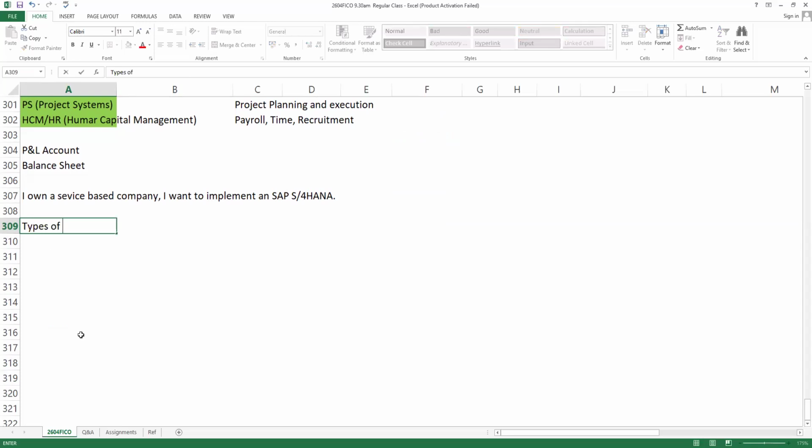At a high level, we can divide consultants into different types. The first is a functional consultant. I will explain what a functional consultant is. The second one is technical consultant. The third one is techno-functional consultant.